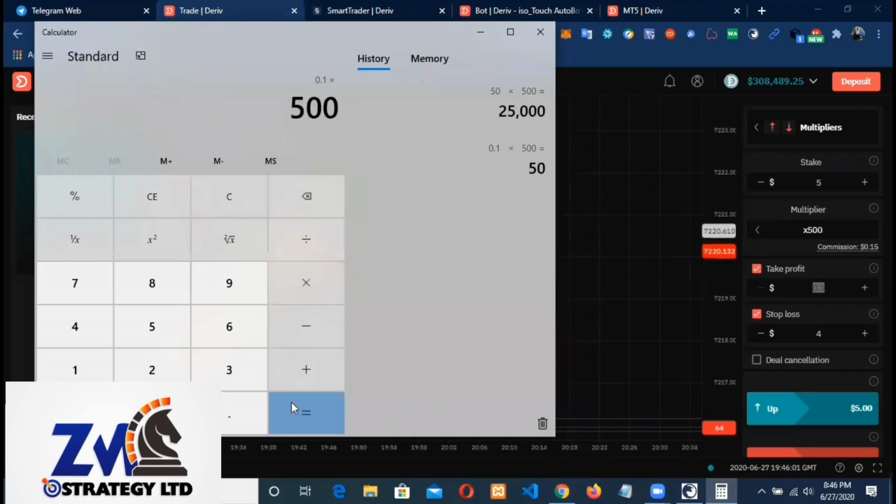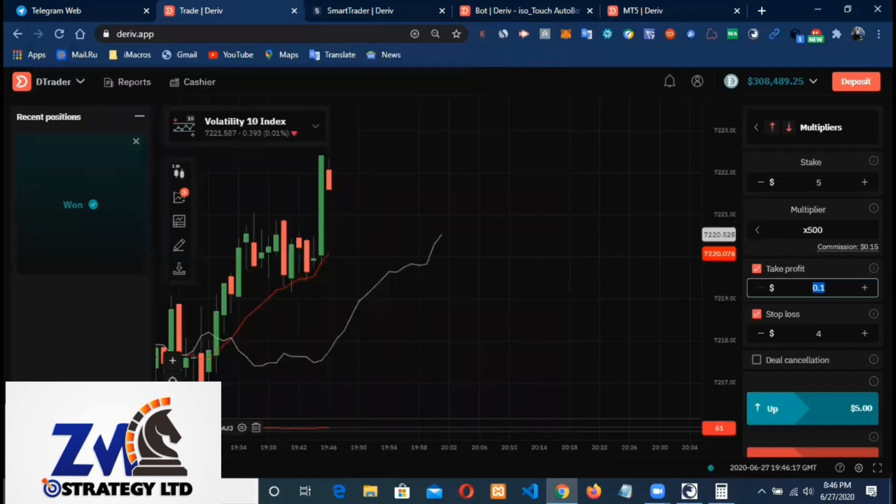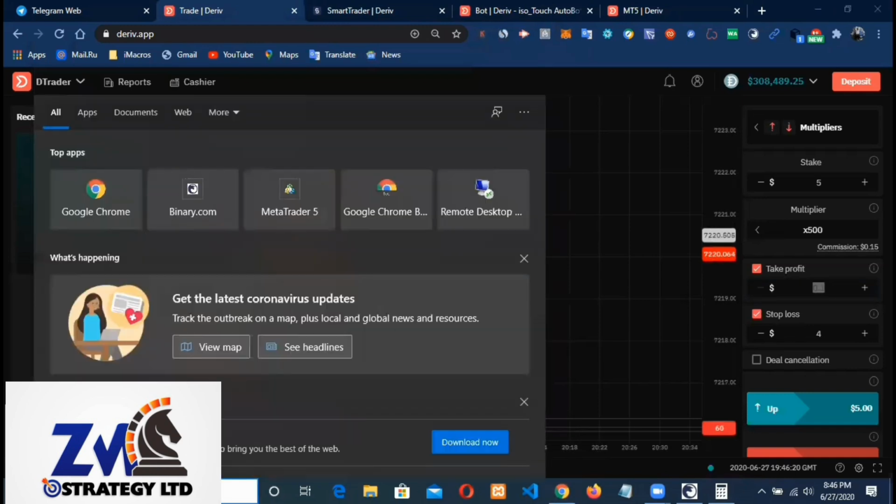This 500 is just like 500%. It's not supposed to be 50. Let me calculate it well. Let me write this down so that you guys will really understand what I'm trying to do.